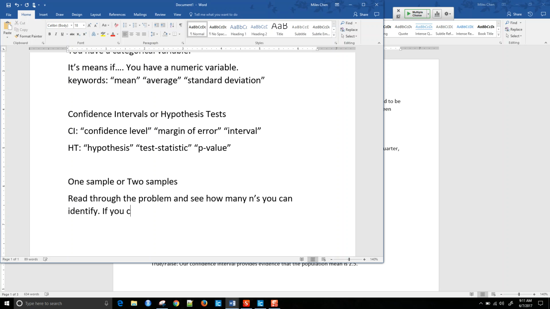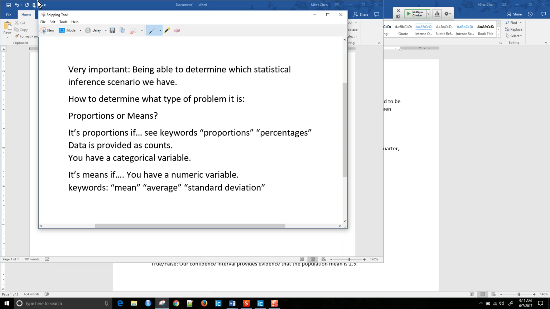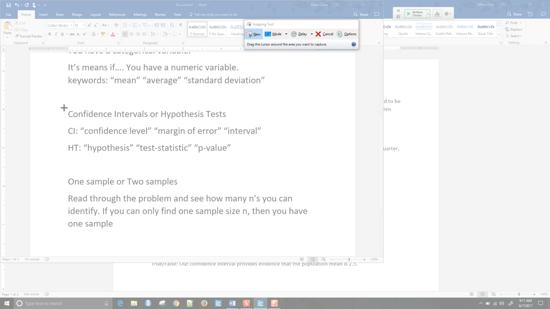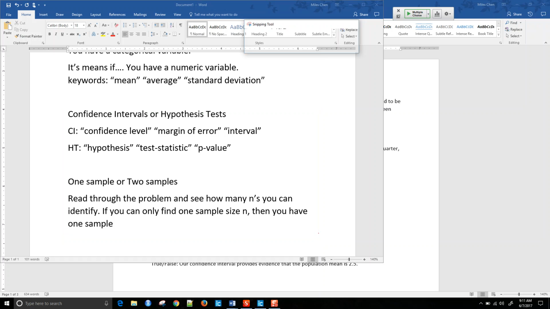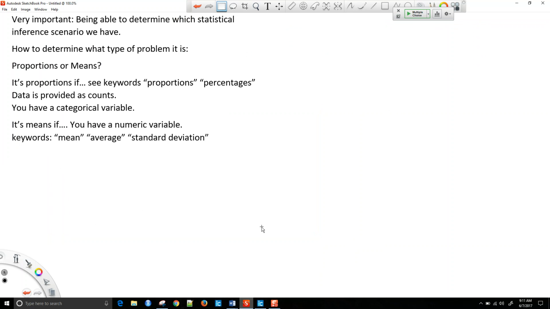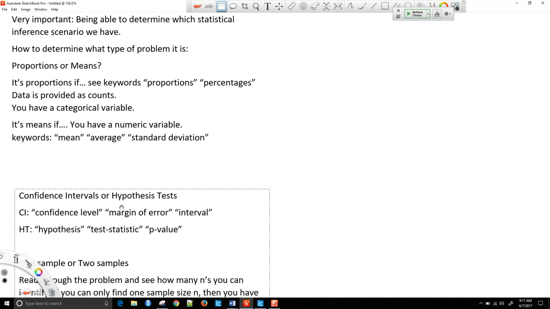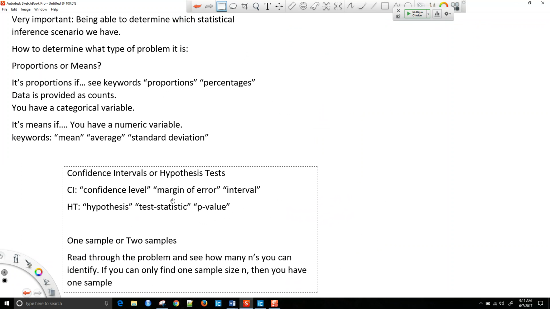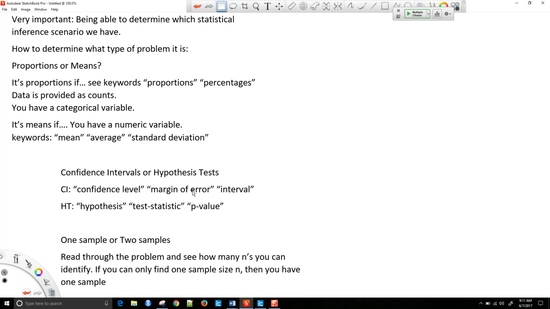Okay. But this part of figuring out what kind of scenario you're dealing with, I can't overstate how important it is, because if you mess this part up, you're going to be using the wrong set of formulas, and then that whole section is going to be wrong, okay?